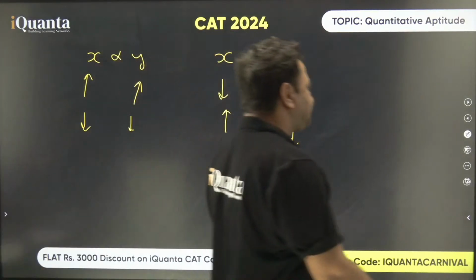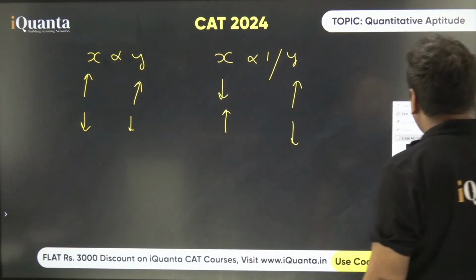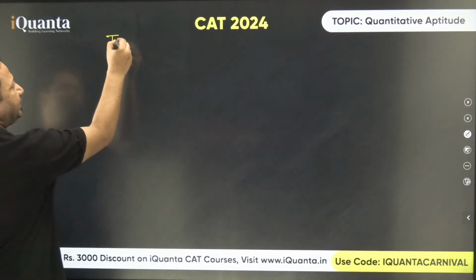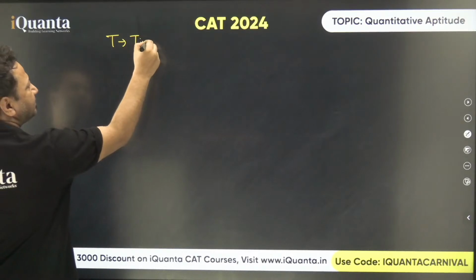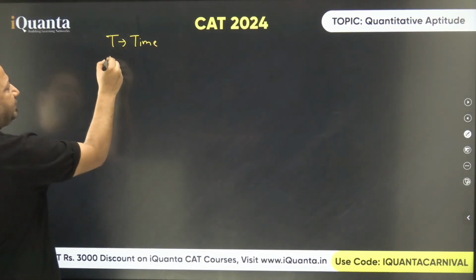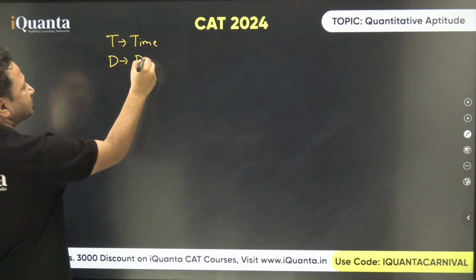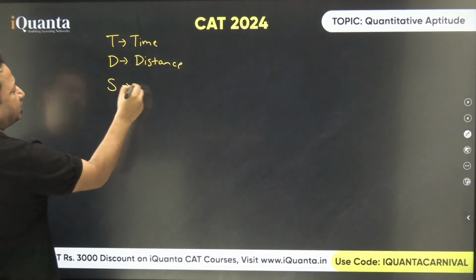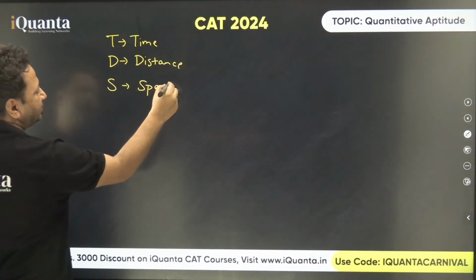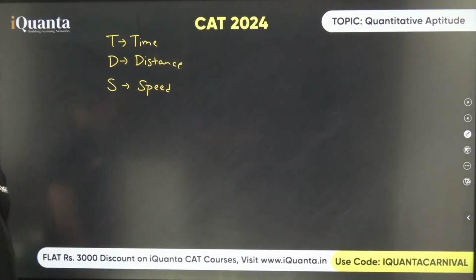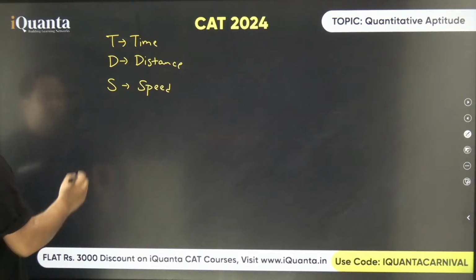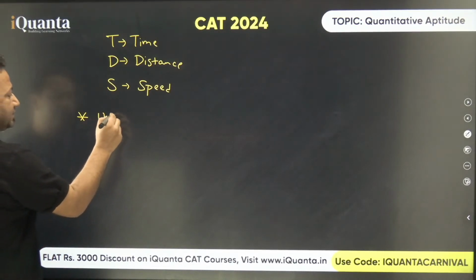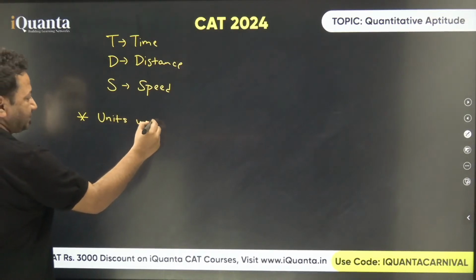Keeping that in mind, we have three variables. T stands for time, D stands for distance, and S stands for speed. Also, we need to focus, that is very important, on the units used.